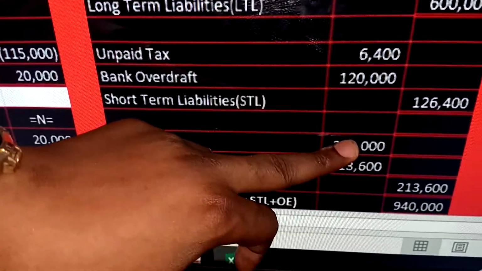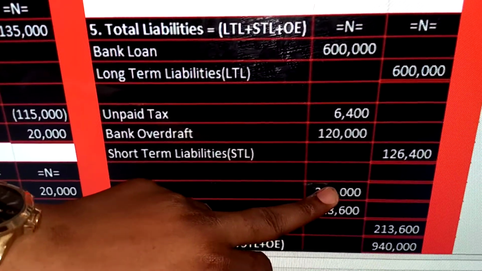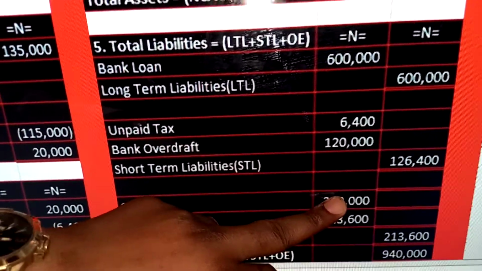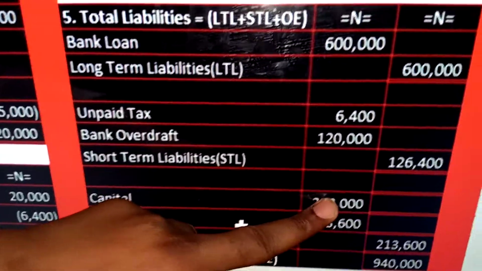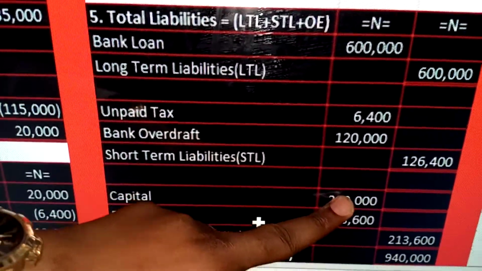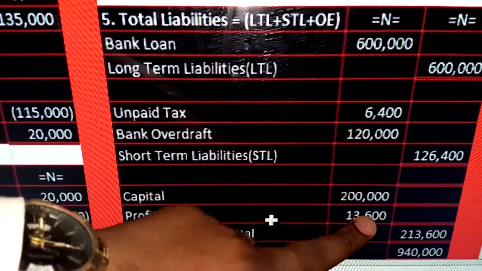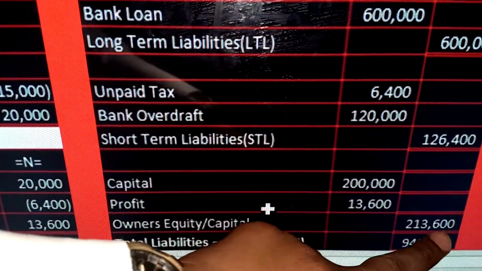Remember I said any profit made by the business becomes what the business also owes the owner. So the capital of the owner can increase by the profit or reduce by the loss. So here there's a profit of 13,600. So that increases the capital. So owner's equity here is 213,600.